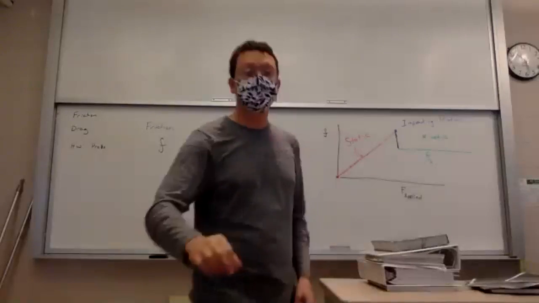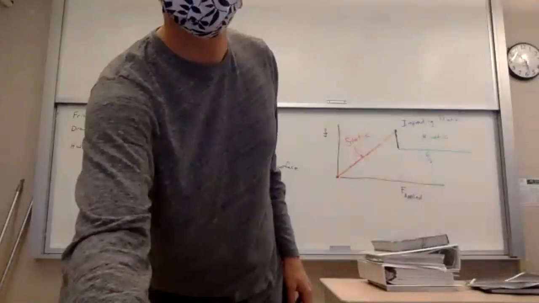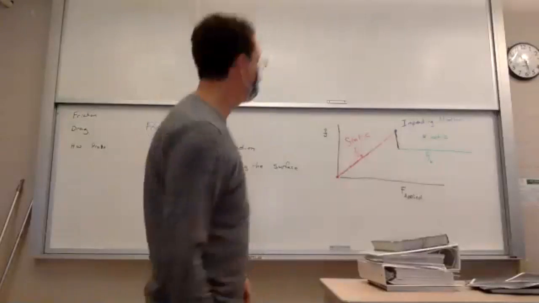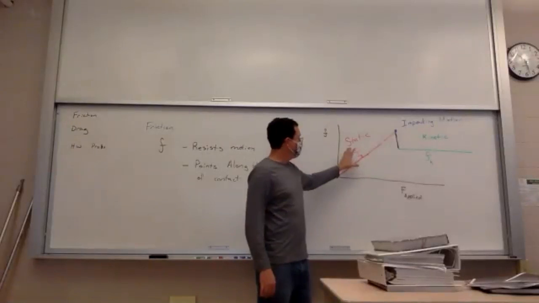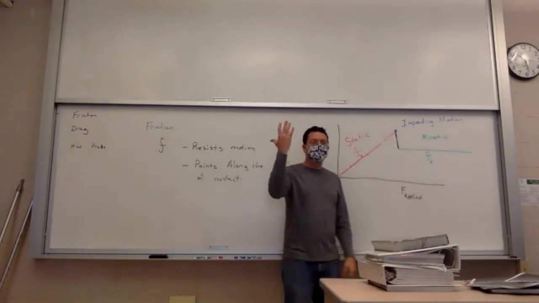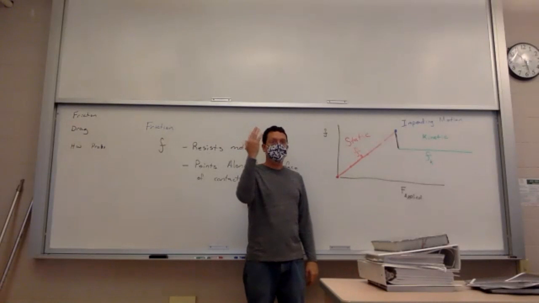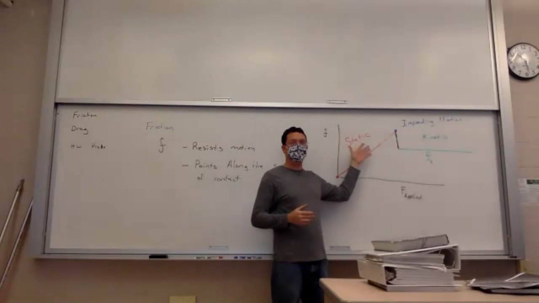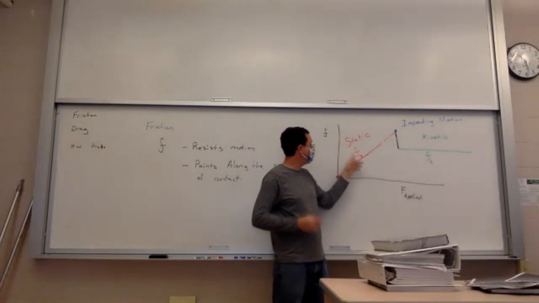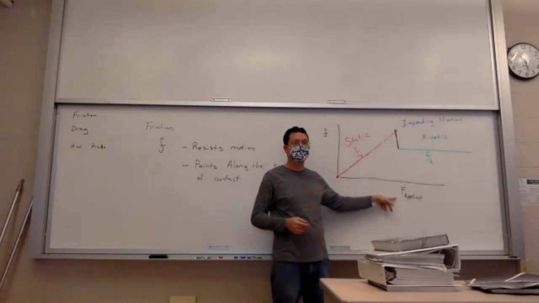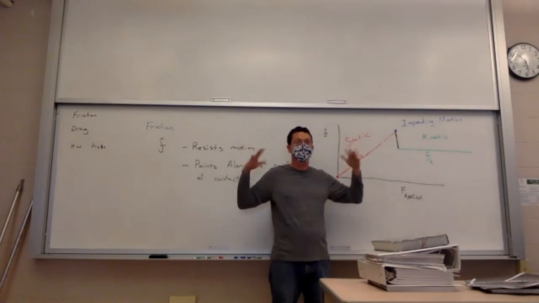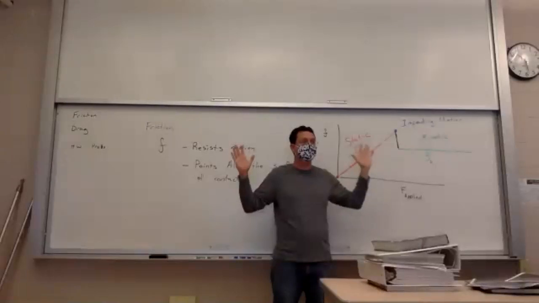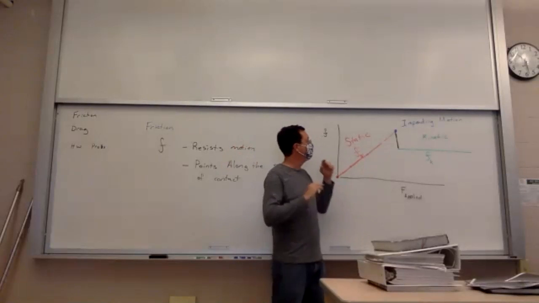I can't really say anything other than that. There's no way I'm going to be able to model and write down a formula for my hand. It's too complicated. You're really just going to say static friction does whatever it takes to make things stay still. Done. There's no other deeper formula. It just turns out.